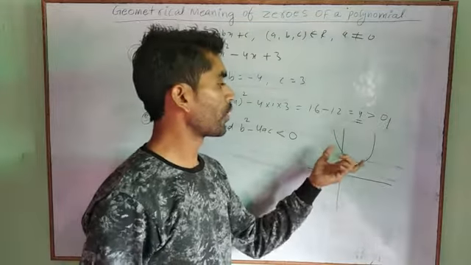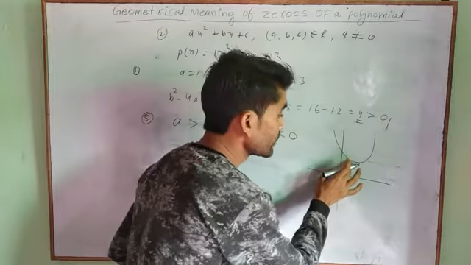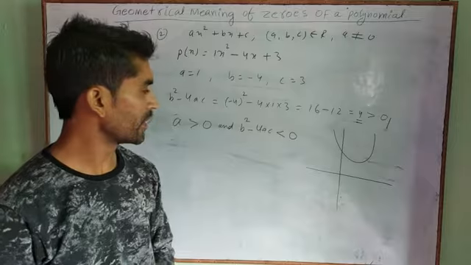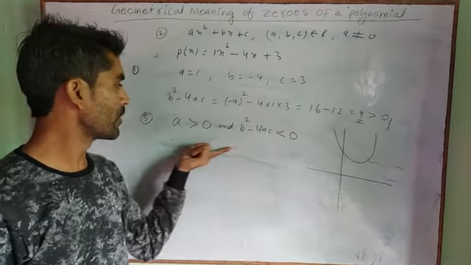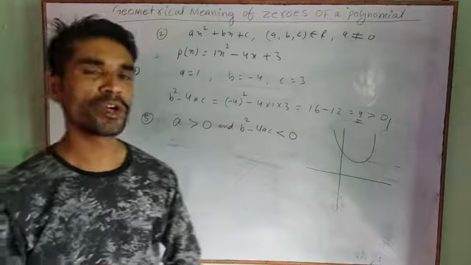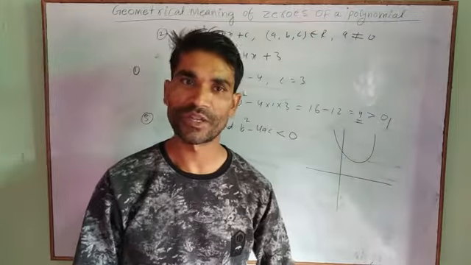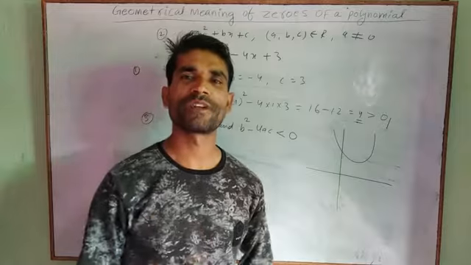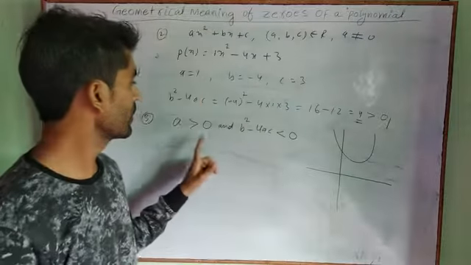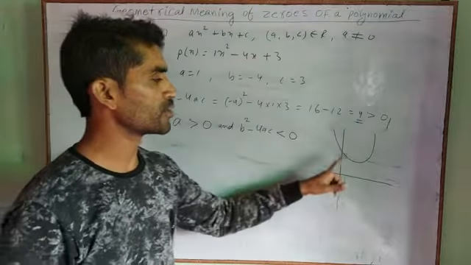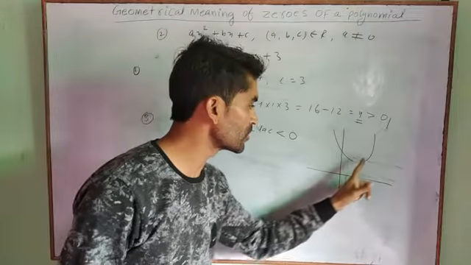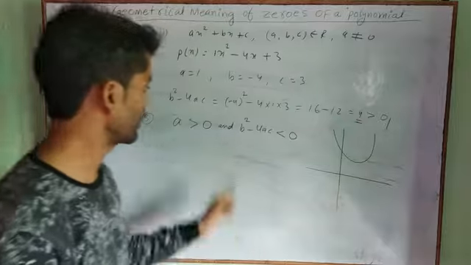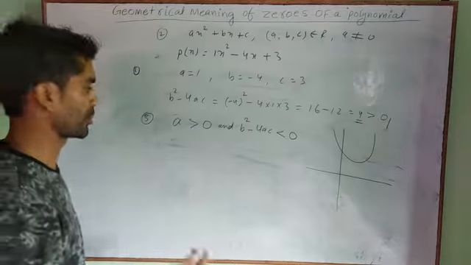The graph will open upward, but it will not touch the x-axis. It means this type of quadratic polynomial has no real solutions. It has some different solutions, you can say imaginary solutions, which you will study in further classes. But here we can say this type of polynomial has no real solution, because this graph is not intersecting the x-axis.